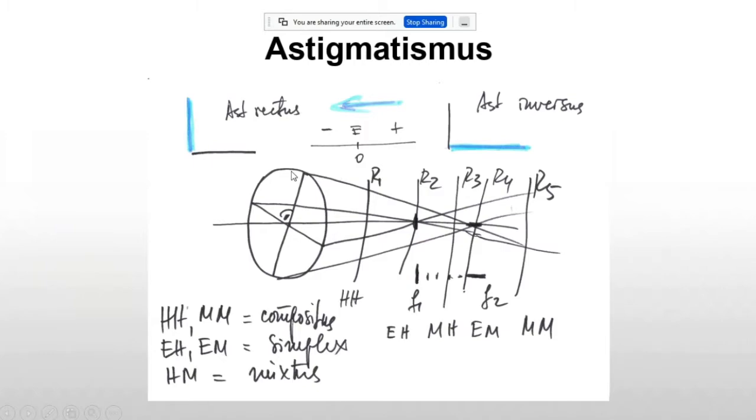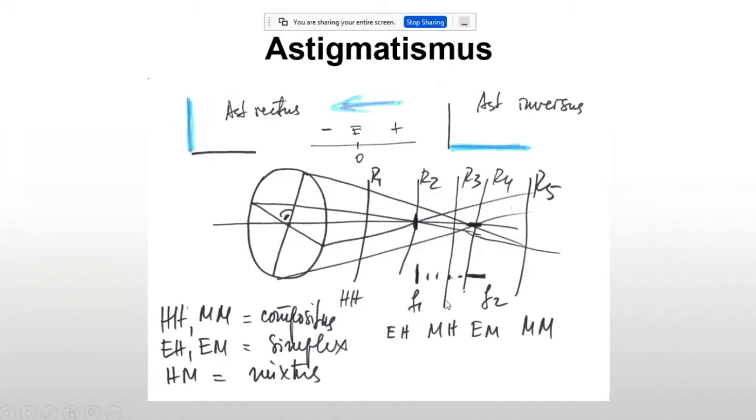So here are the two main meridians. In retina 1 case, both are behind the retina, both are hyperopic. If the retina is here, and one focus is on the retina and the other is behind the retina, we have this situation, simplex.